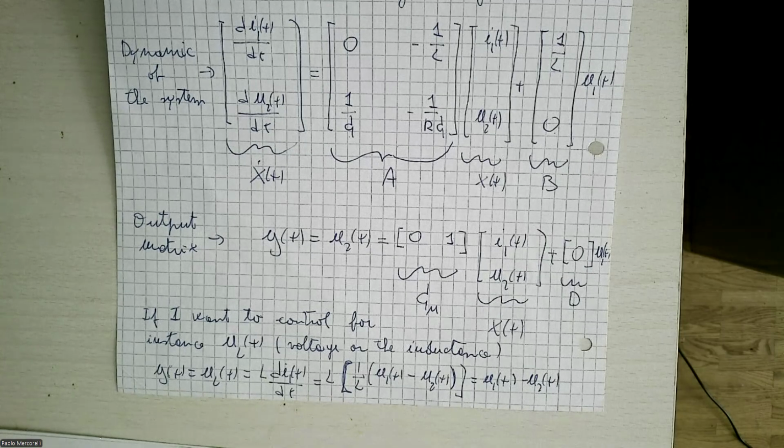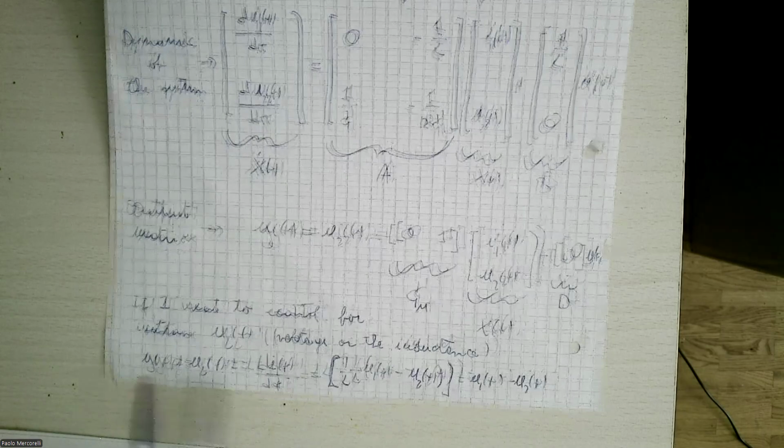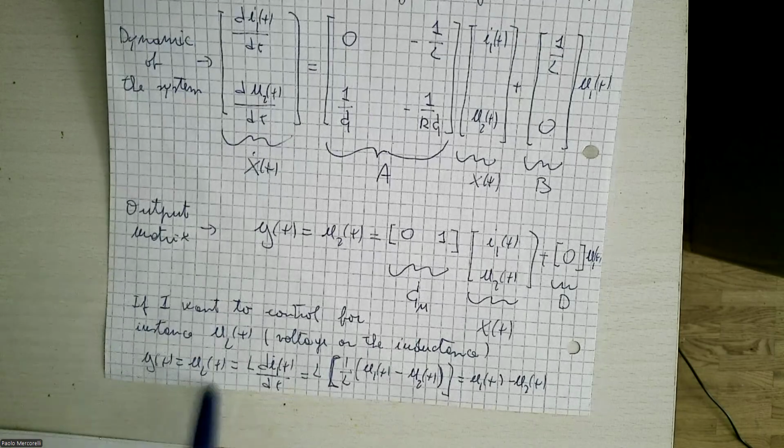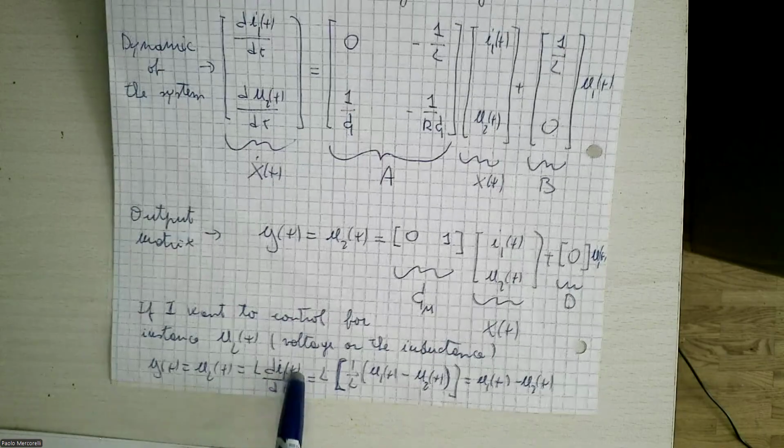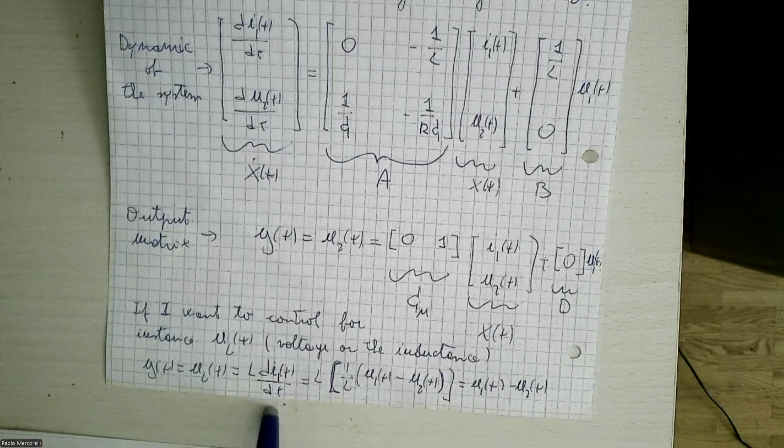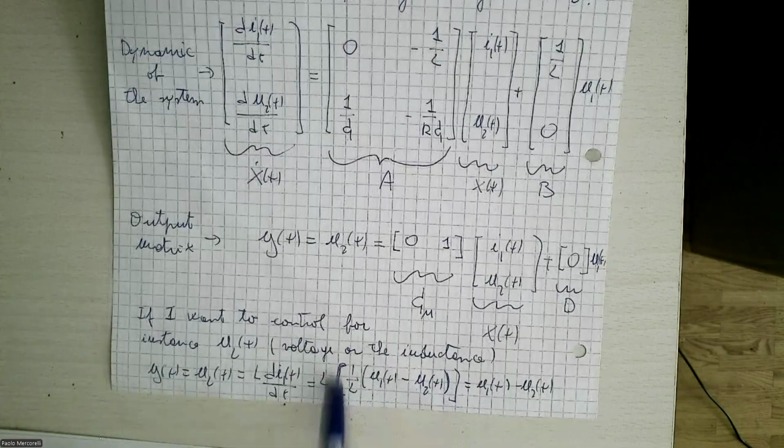It could also be to protect the inductance. Anyway, it doesn't matter which task we have. In this case UL is our output, which is L multiplied by di1 with respect to time, L which multiplies this equation here.